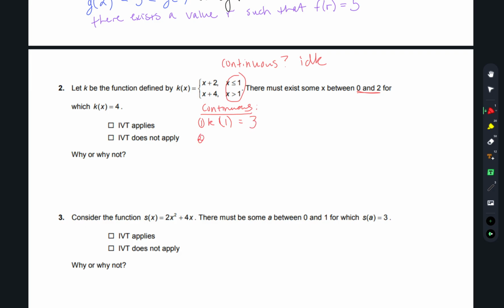And then your second step, you can show that the limits don't match. The limit as x approaches 1 from the left of K of x, and the limit as x approaches 1 from the right of K of x. From the left was 3, and the right was 5.